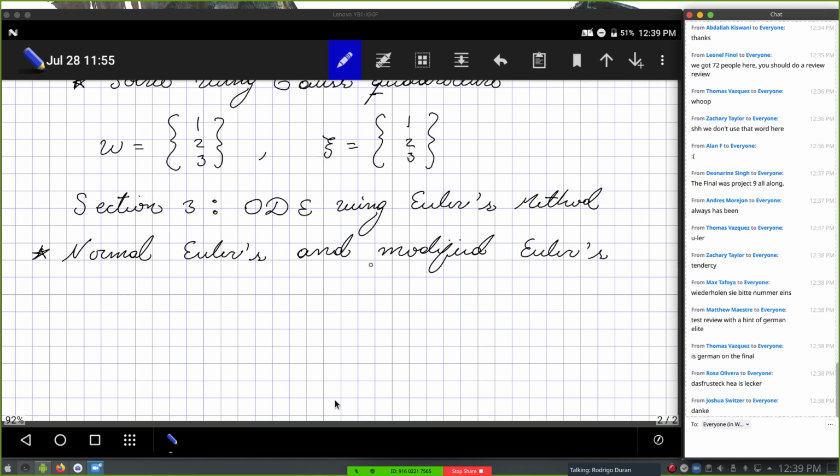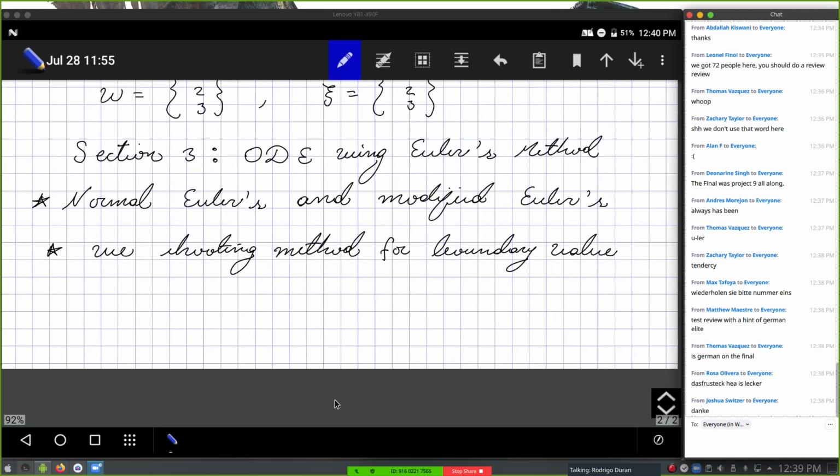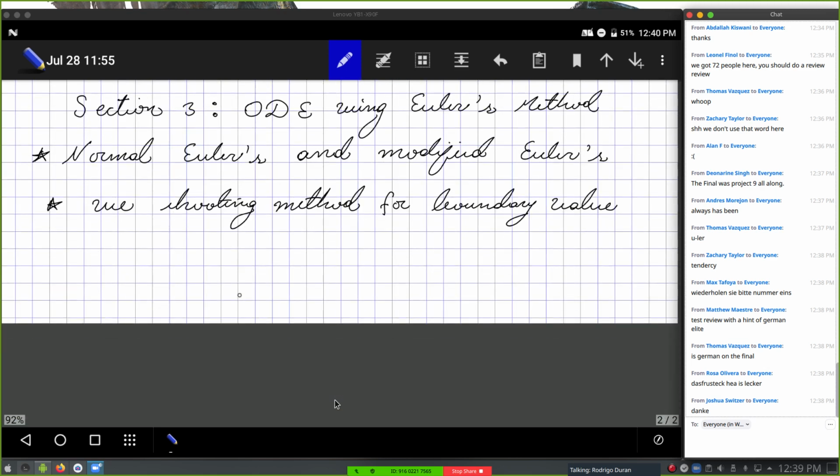So other than solving using normal Euler's and modified Euler's, there's something using the shooting method for boundary value problems. And this is somewhat of an advanced topic, I will say. So it's nothing extremely complicated.